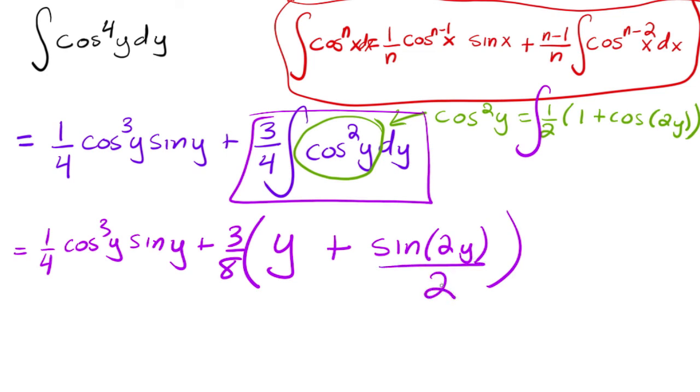And remember, the 2 on the bottom comes from the antiderivative of cosine of 2y, because of the chain rule. If you were getting the derivative of sine of 2y, you would multiply. So that's why when you're getting the antiderivative, you're going to divide. And that's pretty much it.